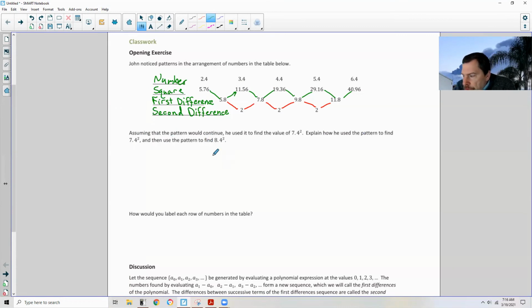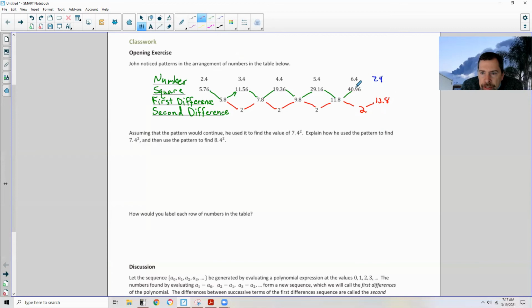All right, so what he would have to do is, if he's assuming that 7.4 is going to be the next number, and this is increasing by squaring it, what he's going to do is say, okay, well, let's work backwards. And so if I put a 2 here, this is going to be 13.8. Okay.